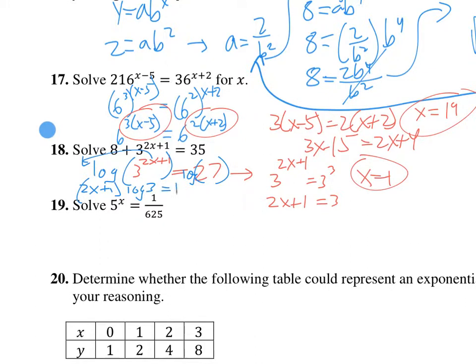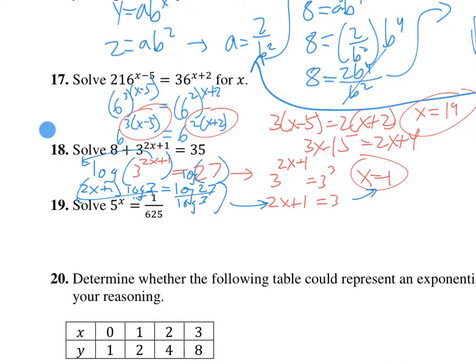Log 3 equals log 27. If you divide both sides by log 3 and you go to your calculator and figure out what this is, it's actually going to give you 3. Log of 27 divided by log of 3 is 3. And that'll put you right to here, which gives you the same answer.